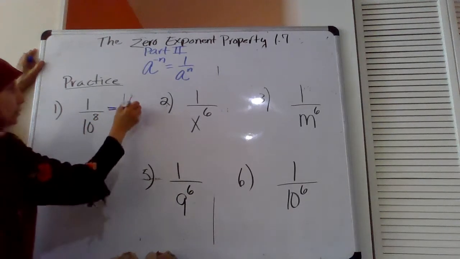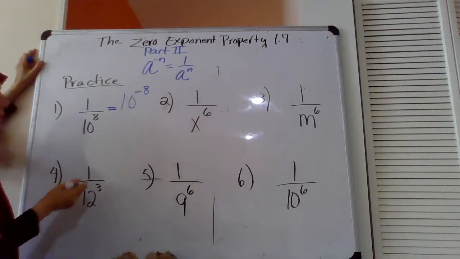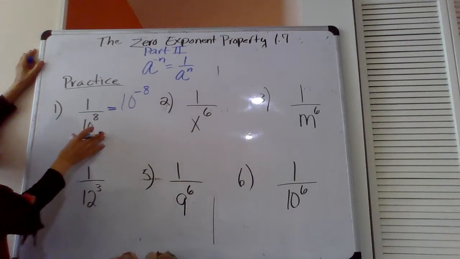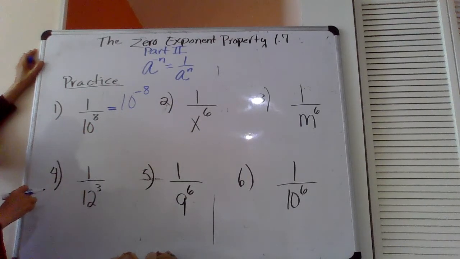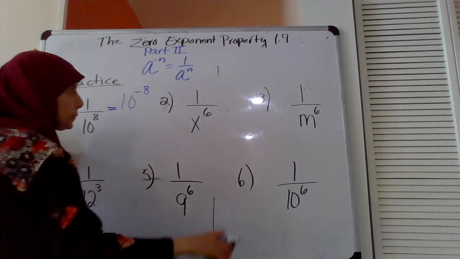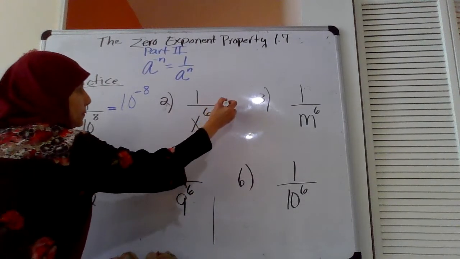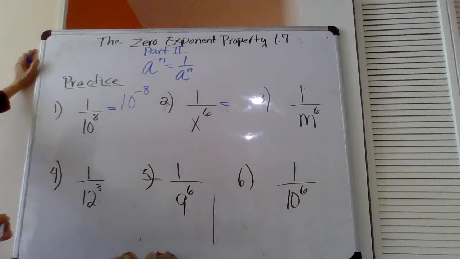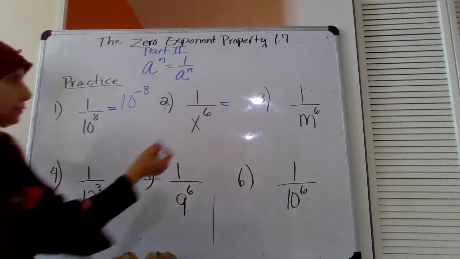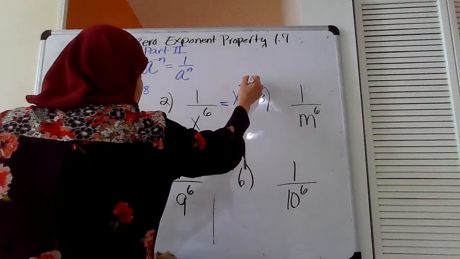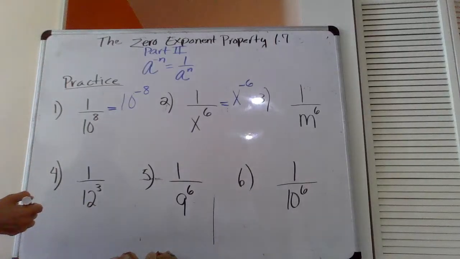If you got 10 to the negative 8, that is correct. 10 to the negative 8 is equal to 1 over 10 to the 8th power. Try this one. If you got x to the negative 6th power, that is correct. Good job.